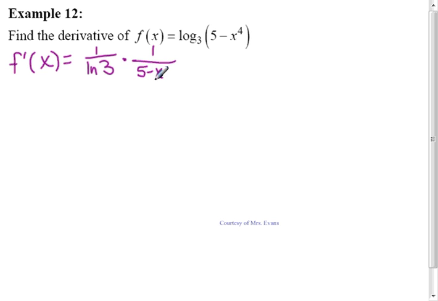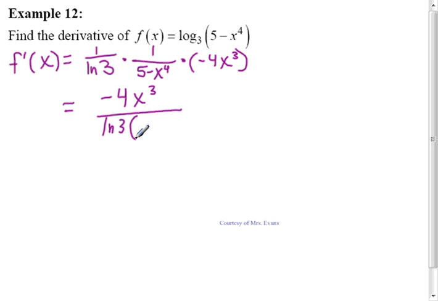And using the chain rule here, we have to take the derivative of the inside, which in this case is going to be negative 4x cubed. Okay, we can rewrite that as one fraction, and we could rewrite it as negative 4x cubed over ln of 3 times 5 minus x to the 4th. Alright, and that should be fine.